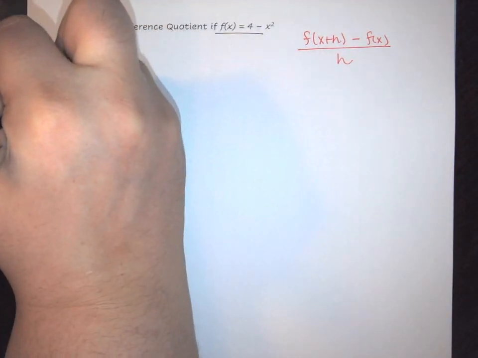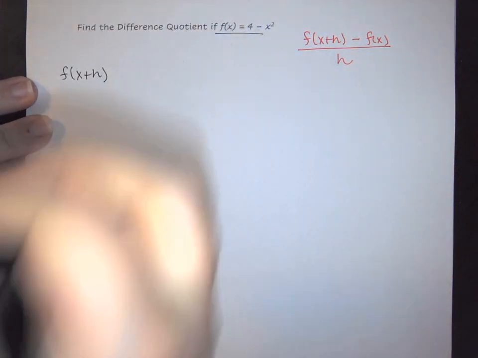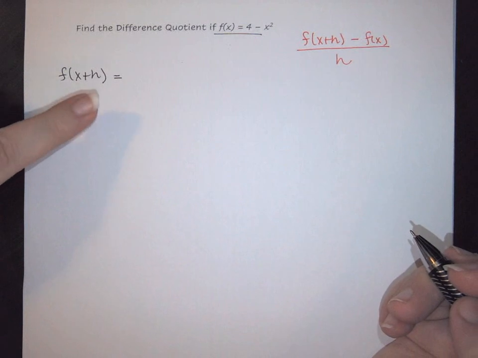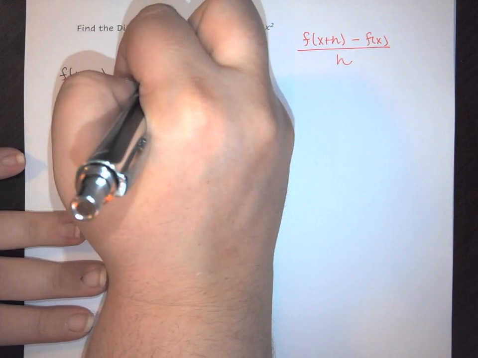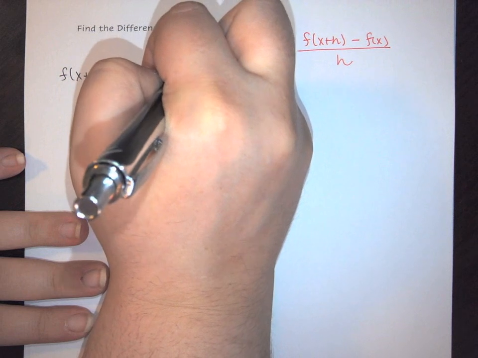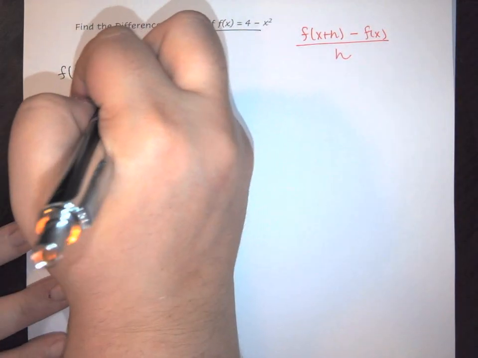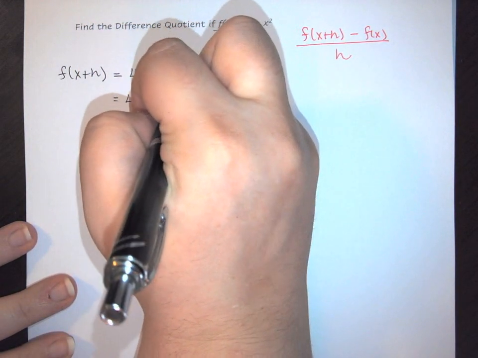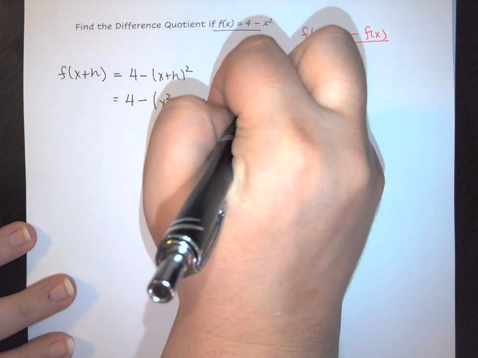So we say, okay, I have the function as x plus h, and that means anywhere you see the x, we need to plug in this x plus h thing. So here we're going to have 4 minus x plus h squared. So we have to actually expand this out. This becomes x squared plus 2xh plus h squared.